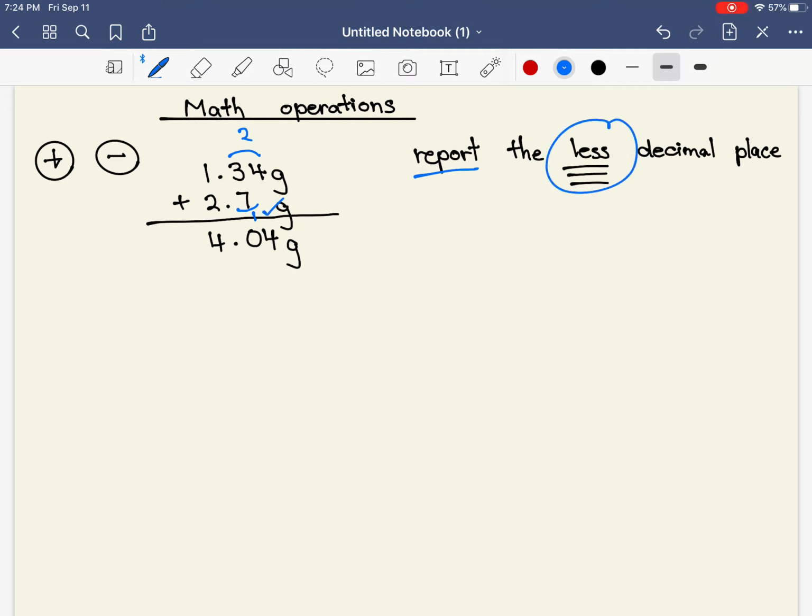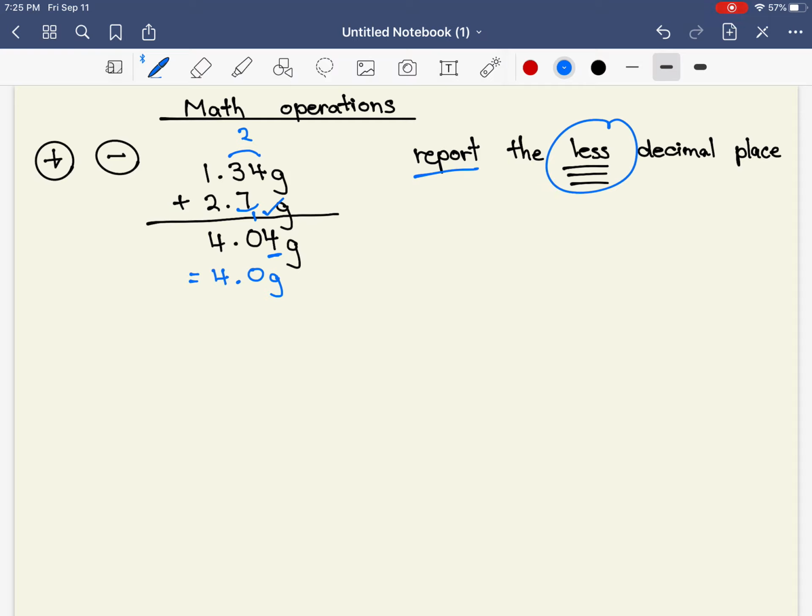Well, it looks like one wins, right? So what that means is that you're going to report one decimal place, because one is fewer than two. So your answer is not 4.04. No. It's just going to be 4.0. That 4 will be insignificant. Talking about this 4.